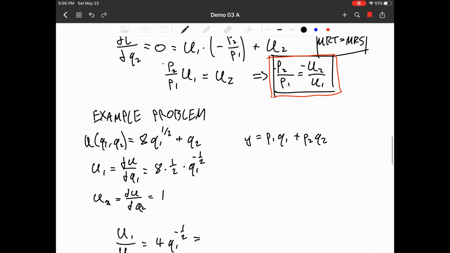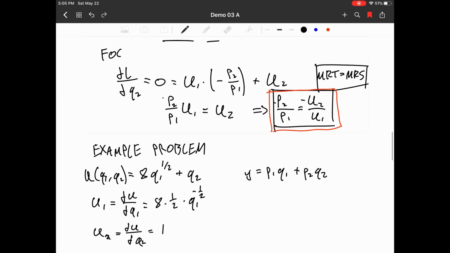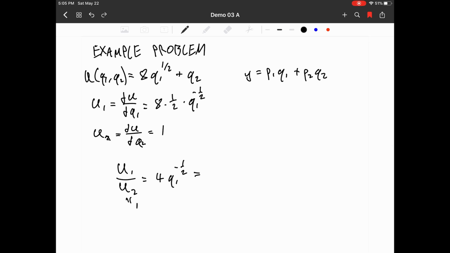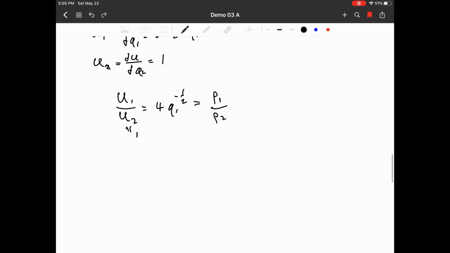and by our MRS equal to MRT, we just have P1 over P2, which allows us to solve for Q1 in terms of prices. So we will use some numbers in just a second, but for now, we're just going to use the variables.